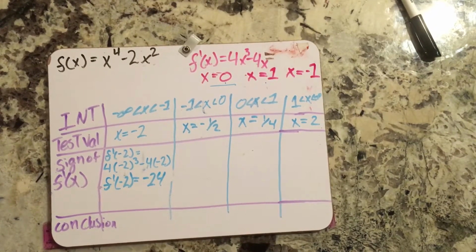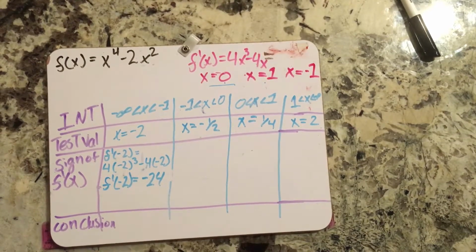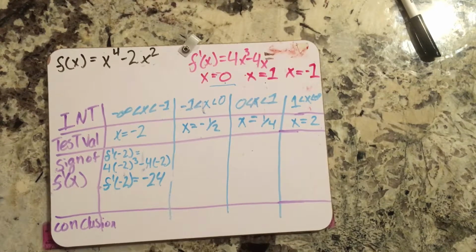Okay. Our next number is negative 1/2. So do the same thing. Just solve for it.